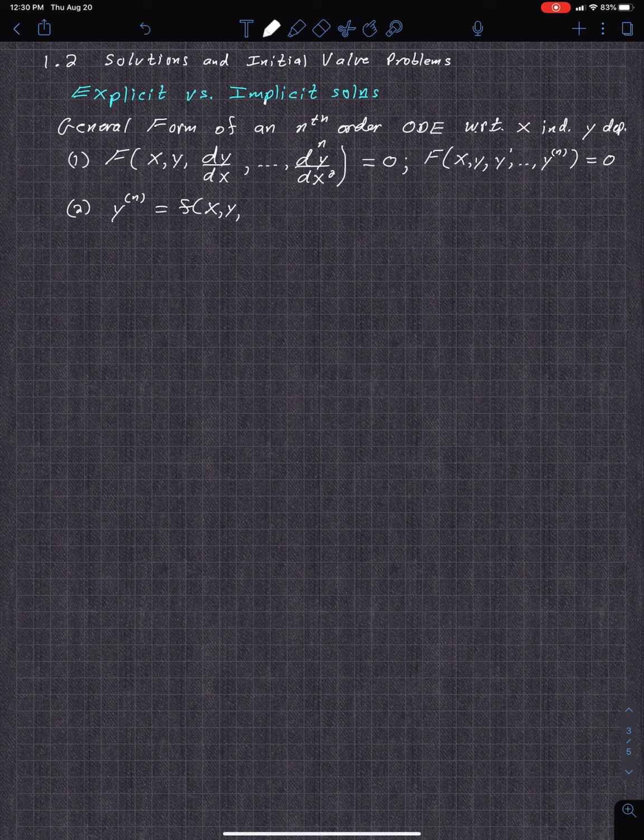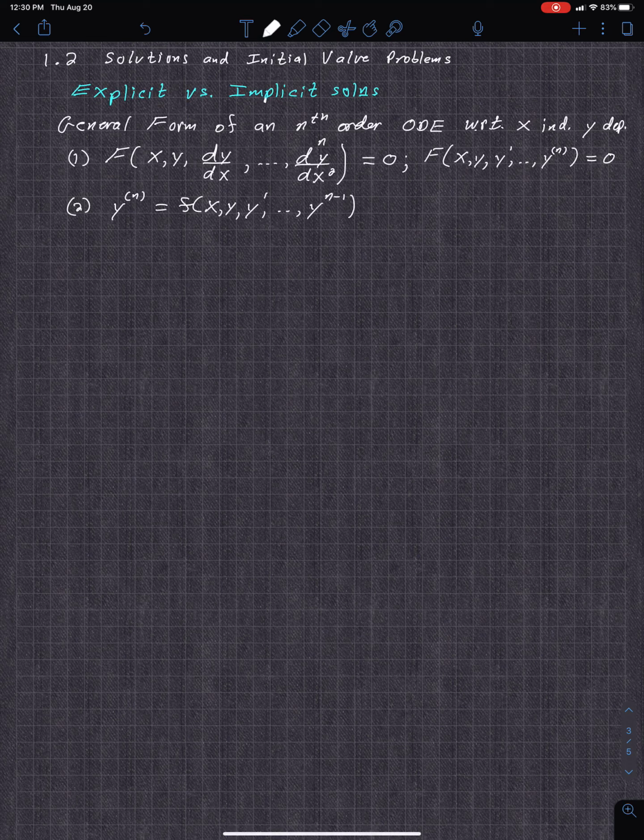But let's not get confused with the explicit form for the solution and implicit form for the solution of the differential equation. Anyway, the rest of it's the same, and then n minus 1 is the power of the derivative. Okay, that's equation 2.